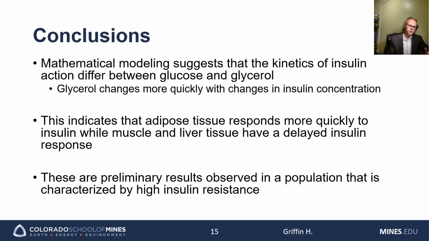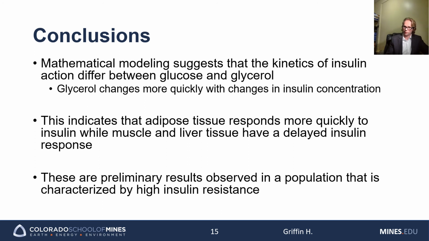So all of these observations from the modeling suggest that the kinetics of insulin action on glucose differ from insulin action on glycerol. Specifically, glycerol changes more quickly with changes in insulin concentration. And since glycerol is associated with adipose tissue, this indicates that adipose tissue responds more quickly to insulin, while muscle and liver tissue have a delayed insulin response.